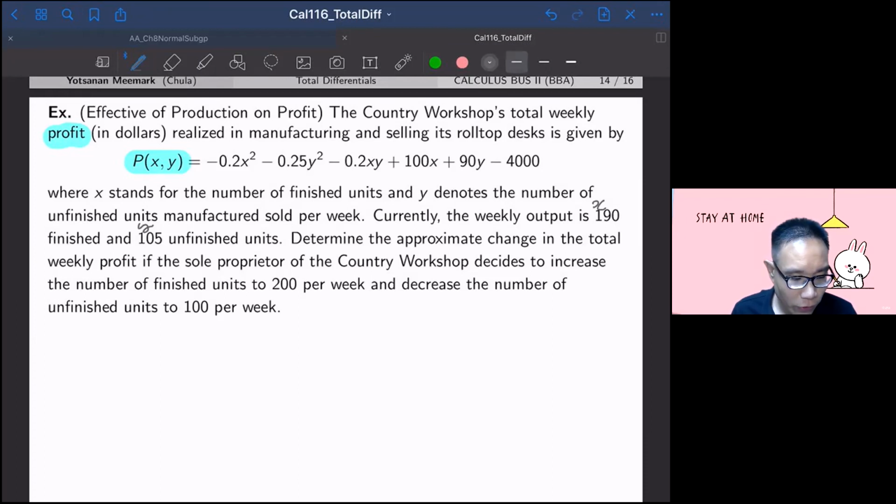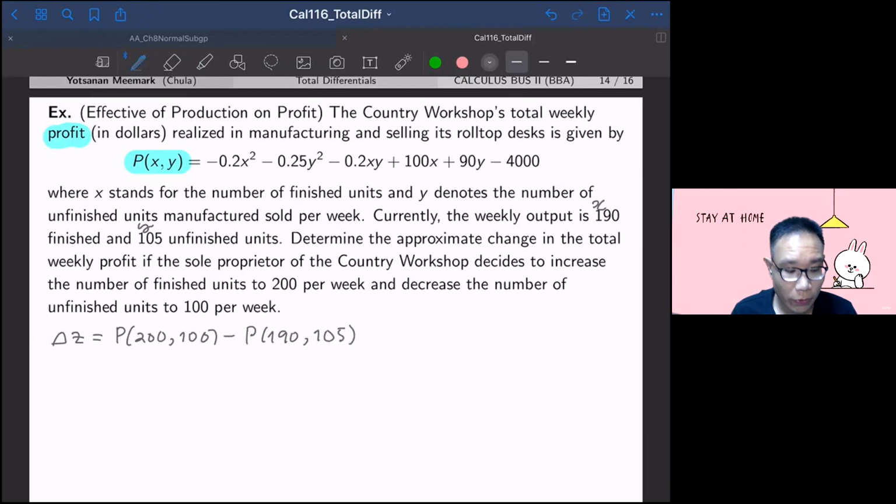So you have x equal to 190 and you'd like to approximate the change, so you need delta P. Delta P is P at (200, 100) minus P at (190, 105).